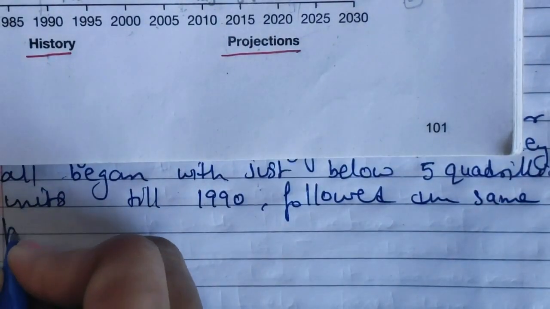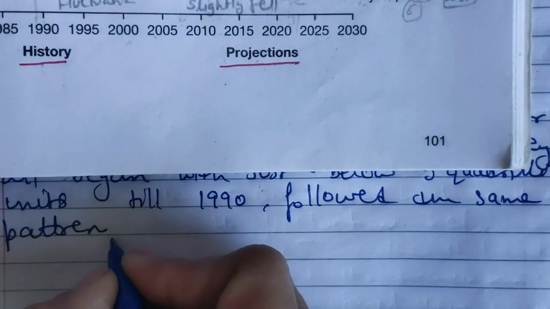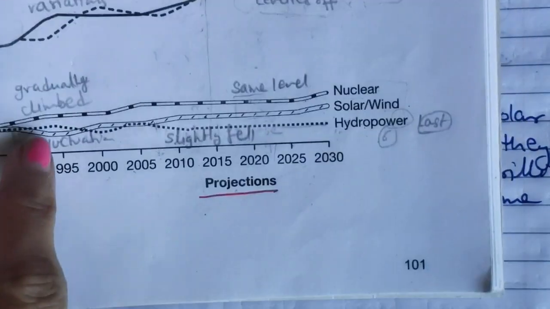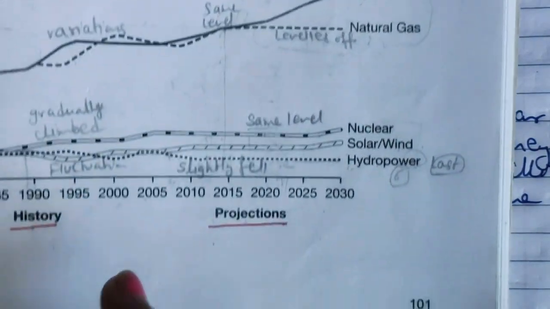Okay, same pattern. Then what happened? The same thing happened like coal and natural gas, they overtook each other.